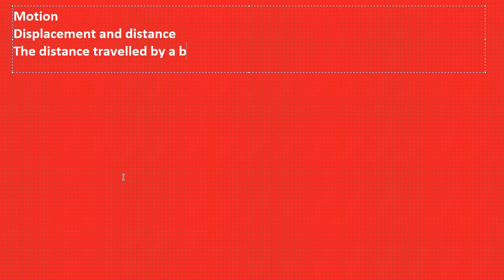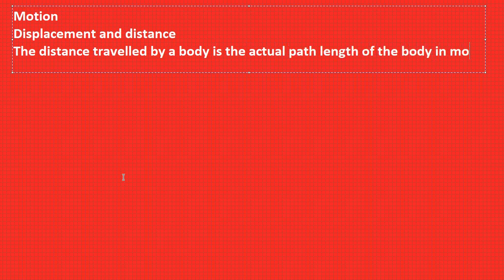Hello and welcome to another exciting class of physics, and we are discussing motion. In this discussion we had already seen earlier the terms such as displacement and distance. We had discussed earlier that the distance traveled by a body is the actual path length of the body in motion.